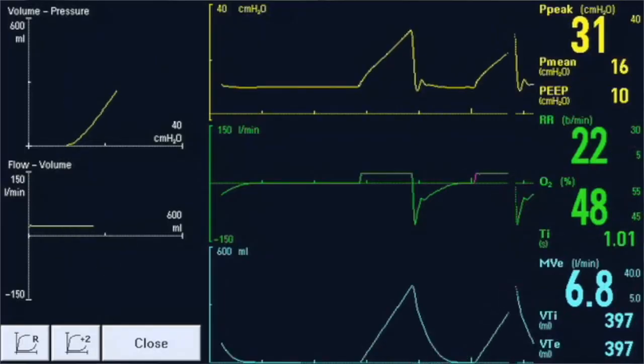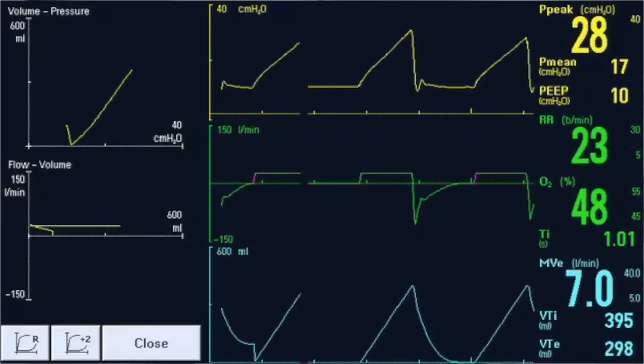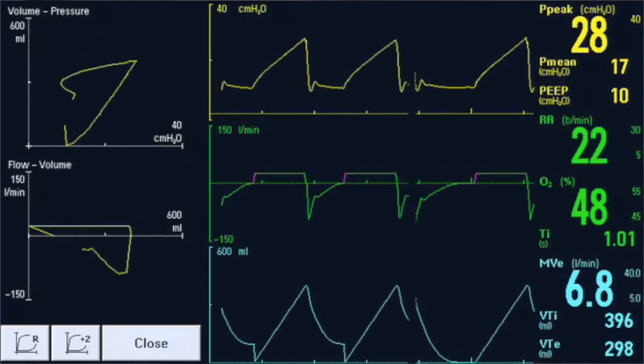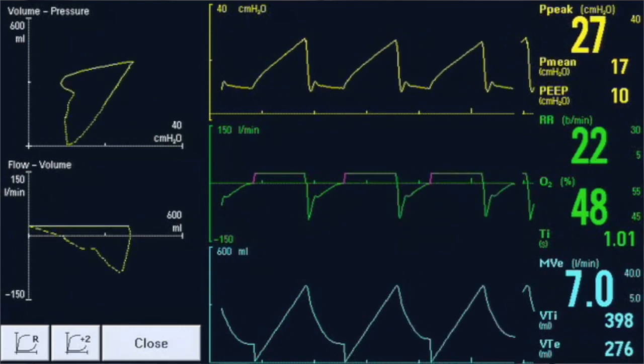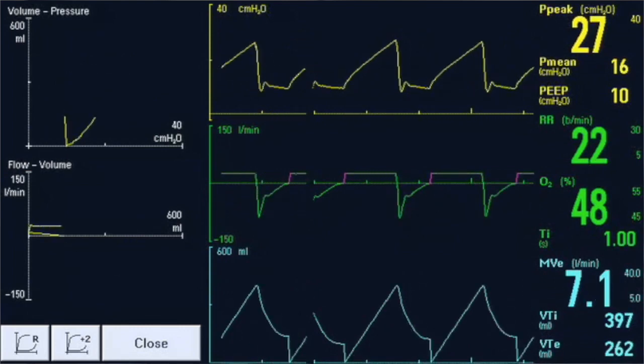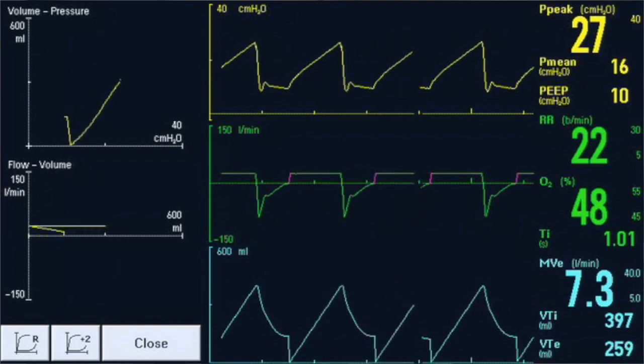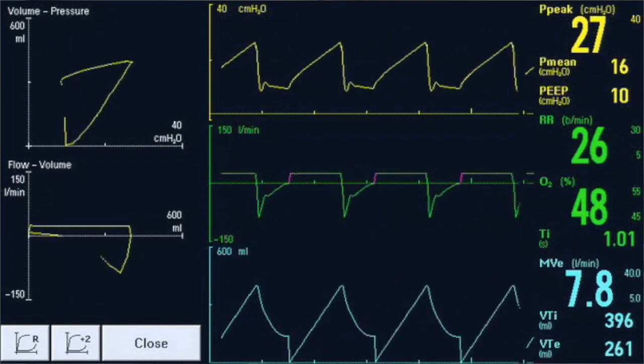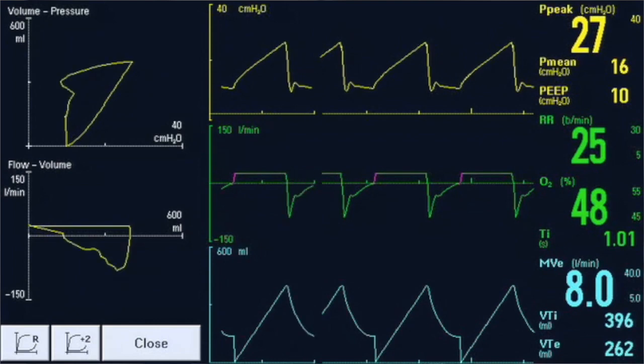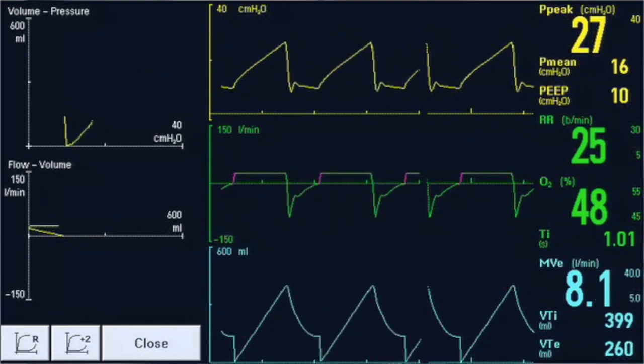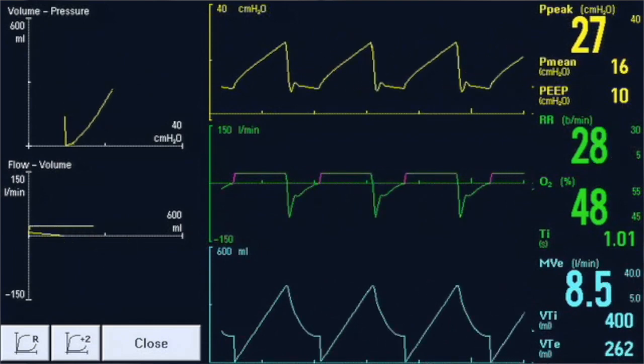I mentioned that one of the most significant causes of auto trigger is a leak, because the ventilator senses that maybe the patient is pulling so hard or making an effort that is drawing from the bias flow, and the ventilator, as a missed signal, recognizes this as a patient's effort and causes a trigger.